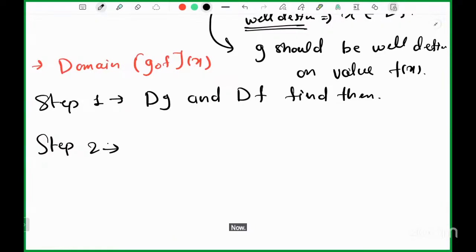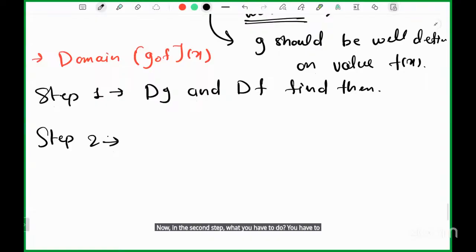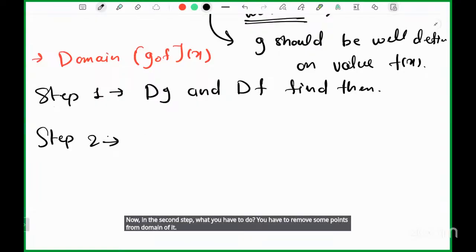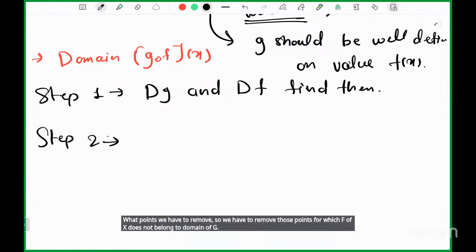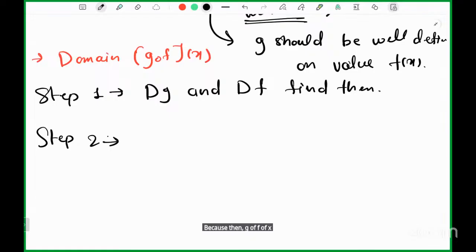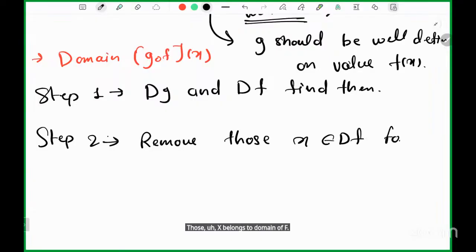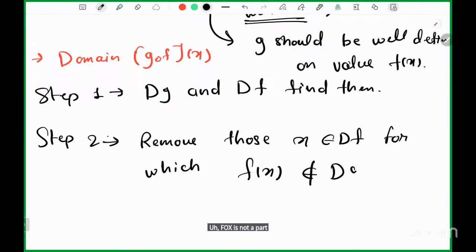Now in the second step, you have to remove some points from the domain of f. What points do we have to remove? We have to remove those points for which f of x does not belong to the domain of g, because then g of f of x is not a well-defined thing. So in the second step, we will remove those x belonging to the domain of f for which f of x is not a part of the domain of g.